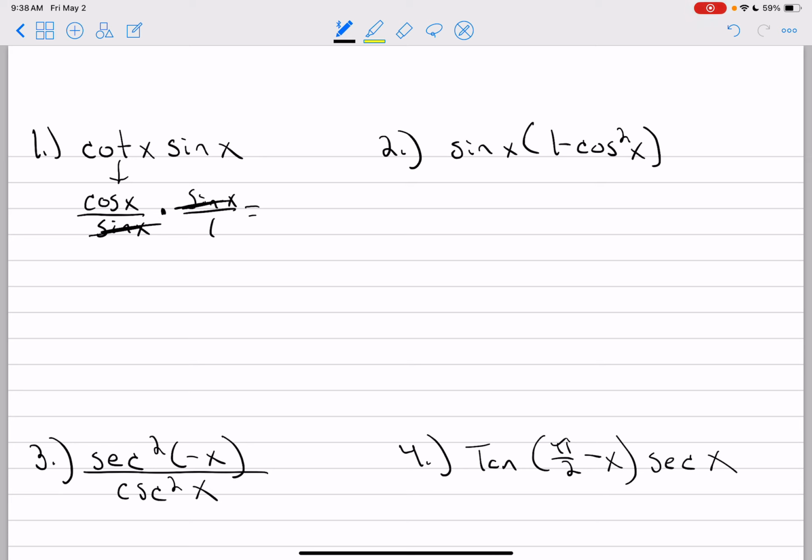Cancel. I end up with cosine x over 1, which is just cosine x. Boom. See how that works nice and pretty? Why don't you now try number 2? Sine of x times 1 minus cosine squared of x. Why don't you try that before I do it? I bet you can figure this out.